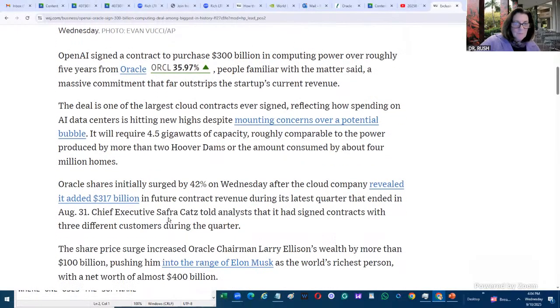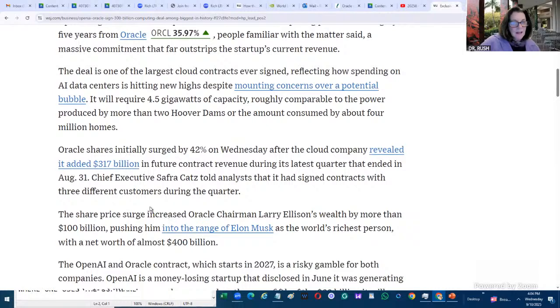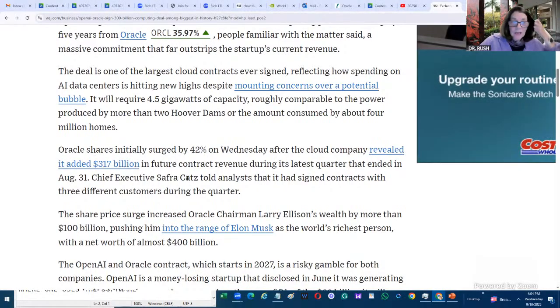Okay. And then the chief executive, Safra Catz, who used to be the CFO of Google, got a good deal as well. And the chairman, Larry Ellison, started this company, Oracle, and he took over.